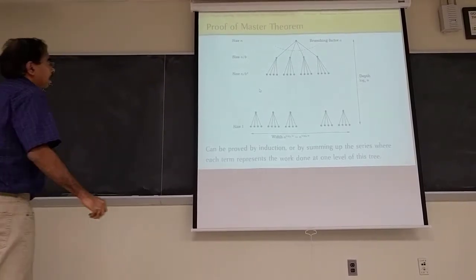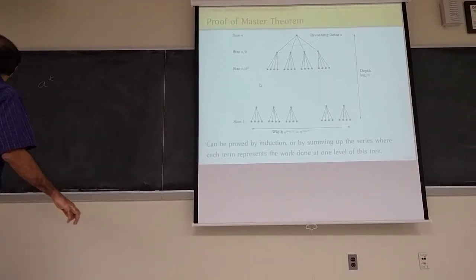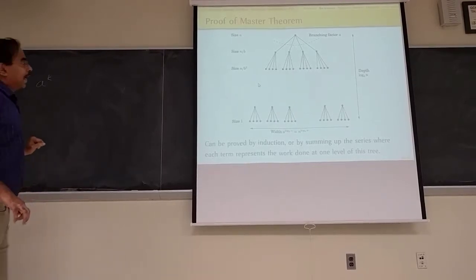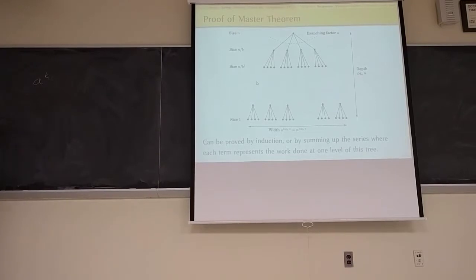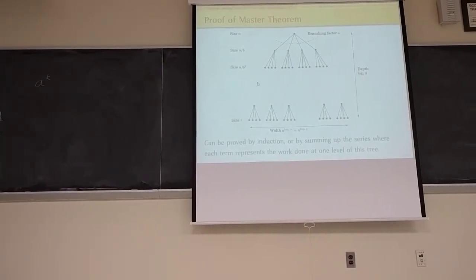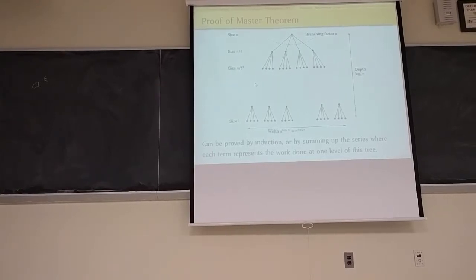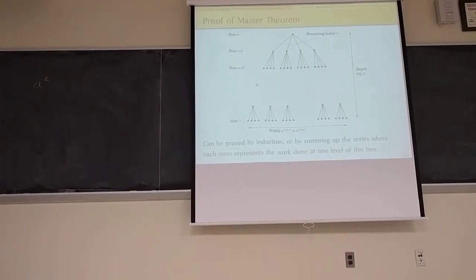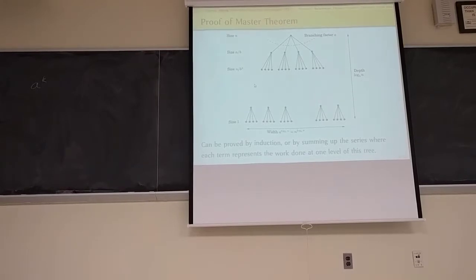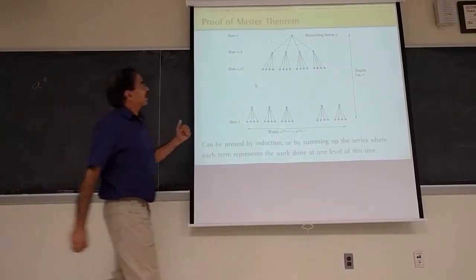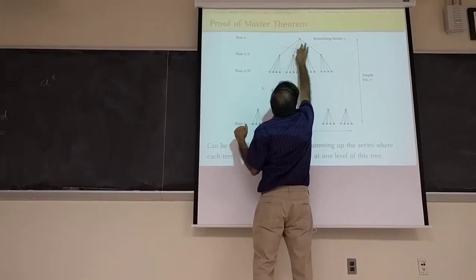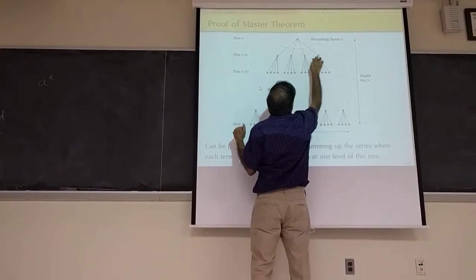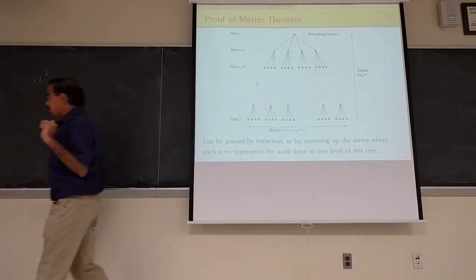So if you take this down and write out this equation, at each level, this tells you the work that is done at that level, and this term represents the work done at the children. So at the very first level, n to the power d is the work done at this level, and then you have a instances of the problem.